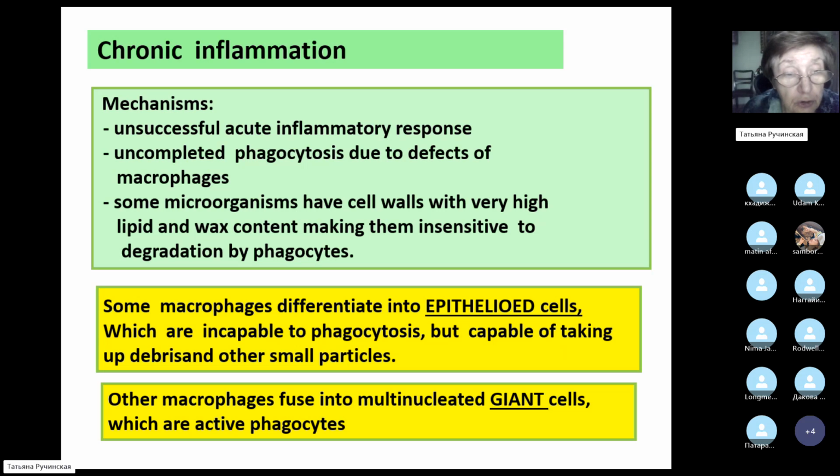So this may lead to chronic inflammation. And defects of macrophages, as I showed you previously, lead to incomplete phagocytosis, and this may lead to chronic inflammation.